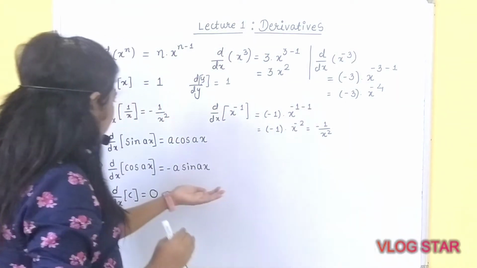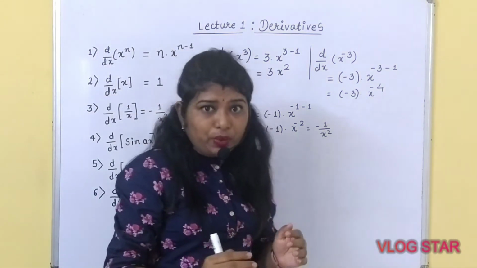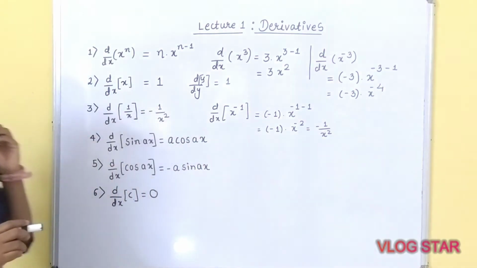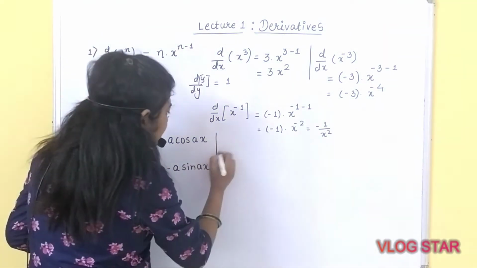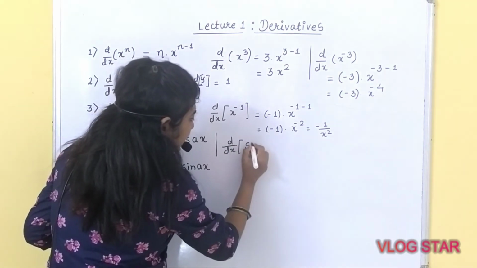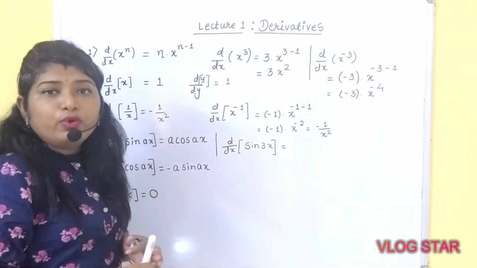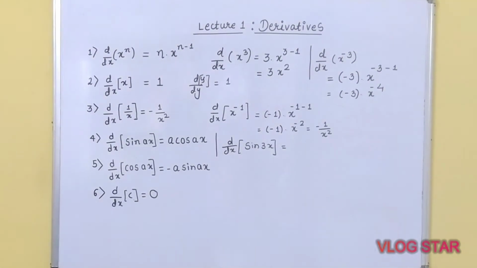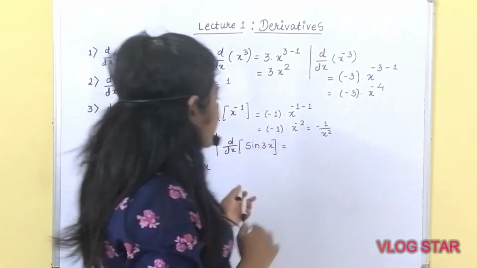Coming to the fourth formula, the derivative of sin ax is equal to a into cos ax. Let's consider one example. We need to calculate the derivative of sin 3x.